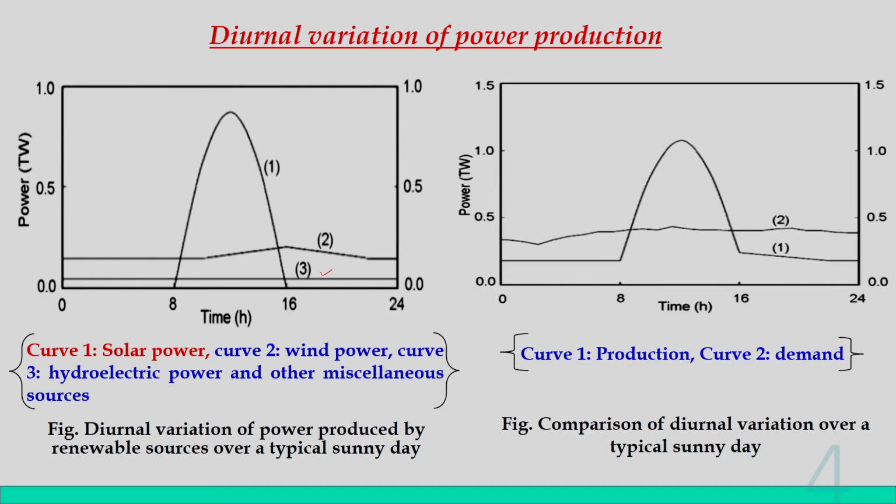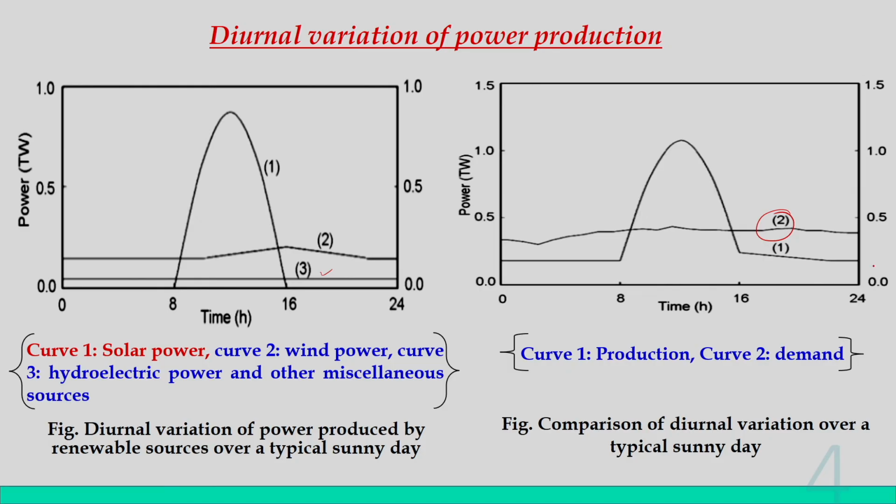The next figure shows the comparison of diurnal variation over a typical sunny day. 1 represents the production and 2 represents the demand. Till 8 o'clock there is very nominal or almost negligible power generation, then it reaches a peak at solar noon, then it decreases and reaches a very minimal value at around 4 p.m. of a particular day.